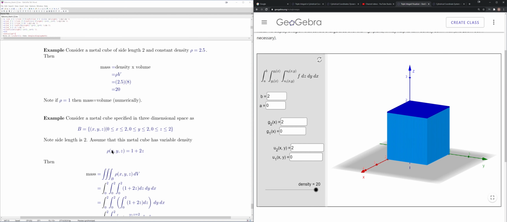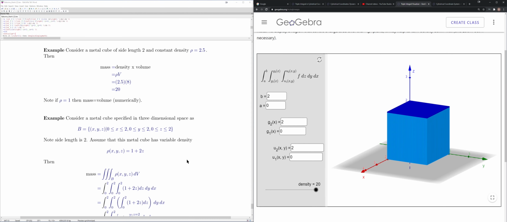As I said, if you're regarding this function as just density, then when you work out your triple integral for a density function over your solid region B, what you're actually calculating is the mass of this object B, just as how you calculated the mass over here. In this case, it was pretty easy because the density was constant. In this case, it's not that easy, because the density is changing now.